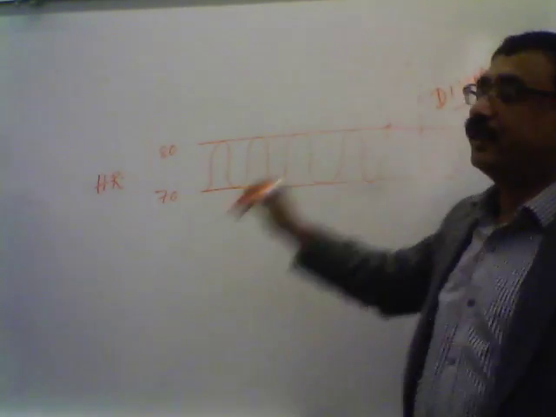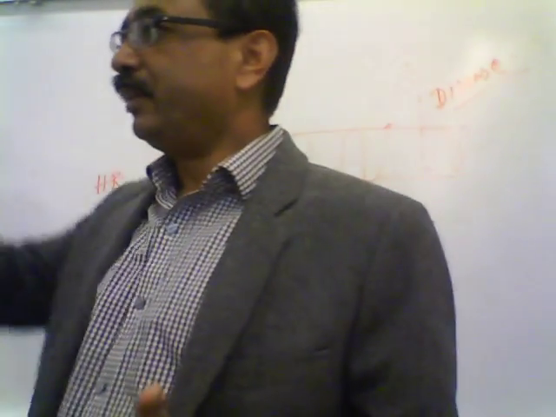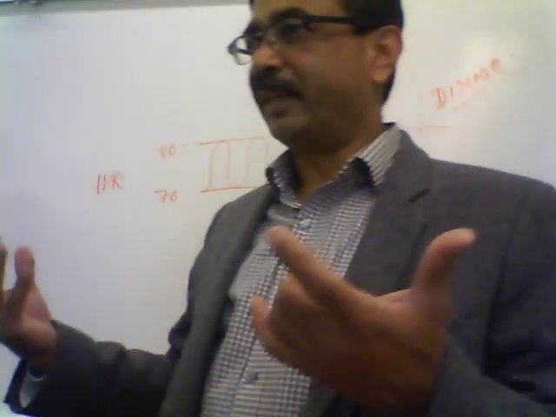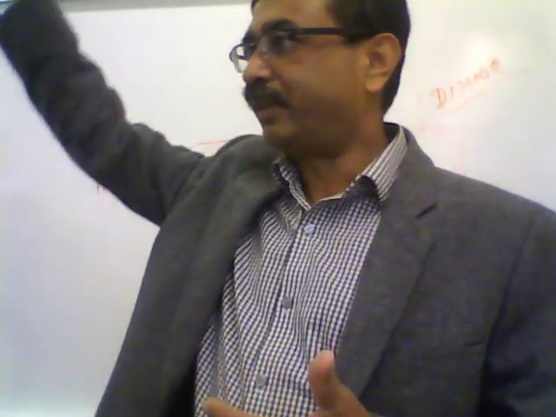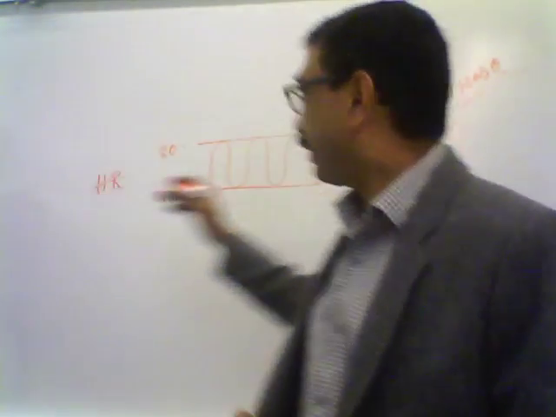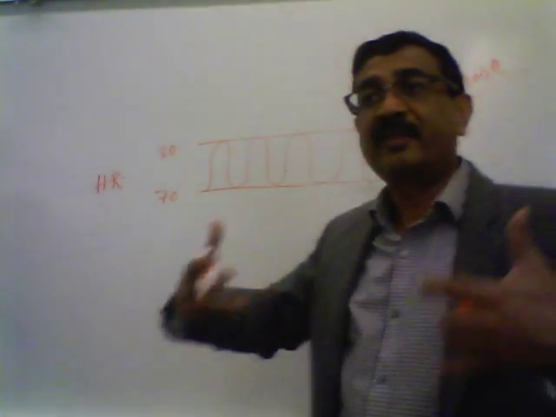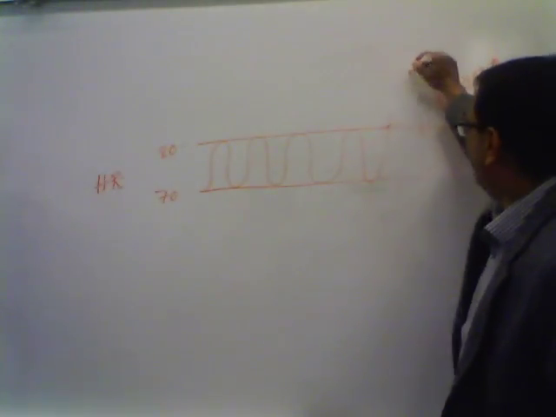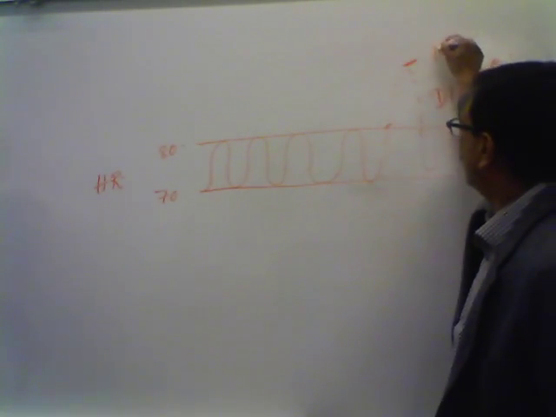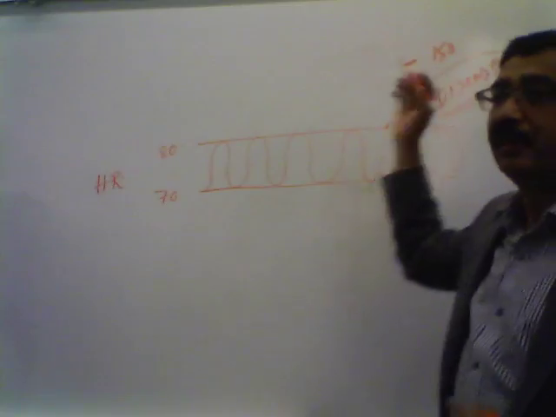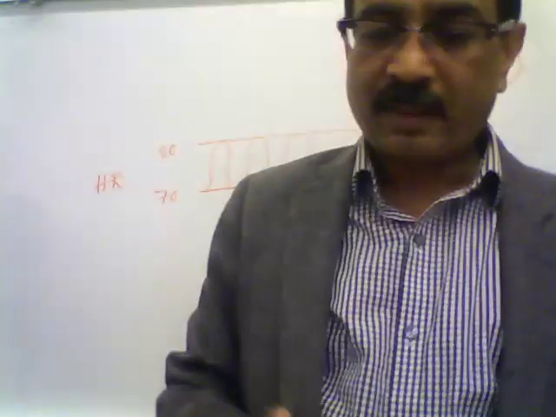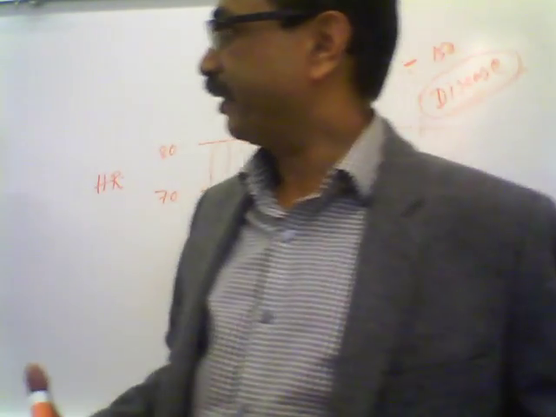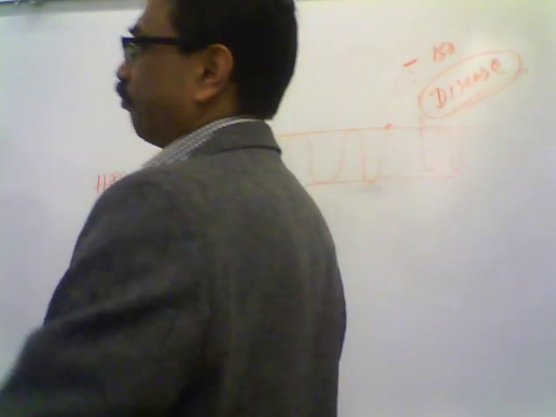But normally your homeostasis will be able to bring it back to normal. For example, after exercise or after you get scared, your heart rate increases but slowly comes back to normal, right? But if for any reason your homeostasis system is failing, it will not be able to bring it back to normal and it will stay there, for example at 150. That is a clinical condition. That's how we get diseases if homeostasis fails.